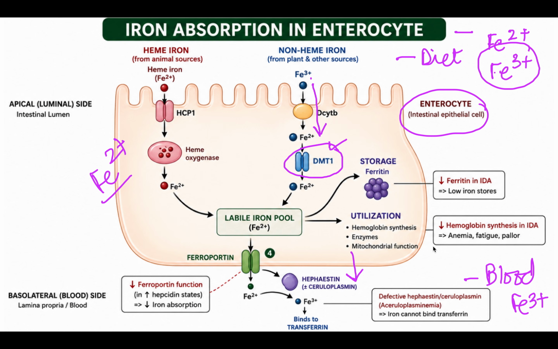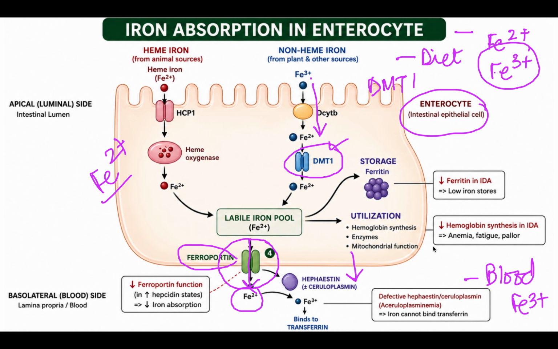So this is DMT1, it helps the iron to enter into the cell, then it goes out from the intestinal epithelial cell into the plasma with the help of another transporter, that is ferroportin. There is DMT1 over here, and ferroportin over here. Now ferroportin takes out the ferrous form.